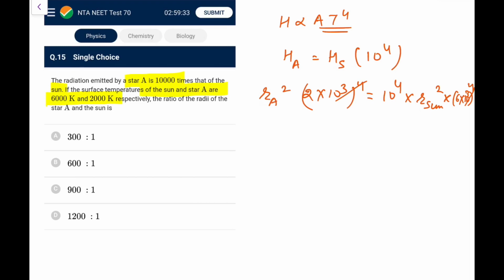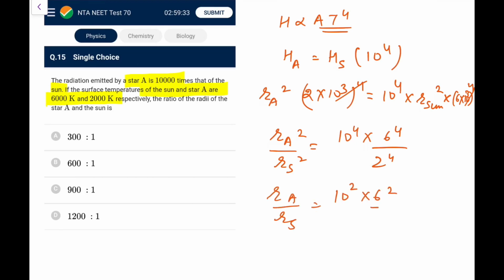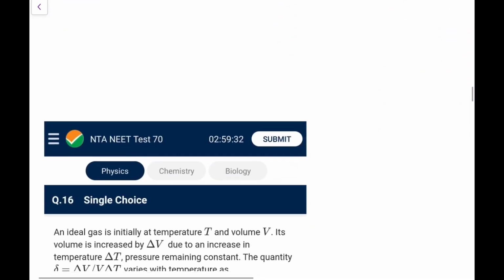So R_A upon R_sun squared would be 10 to the power 4 into 6 to the power 4 upon 2 to the power 4. So R_A by R_S I can write as 10 to the power 2 into 6 squared upon 2 squared. So that is 36 by 4, that is 9 into 10 squared. So 900 is to 1 that we can go for. So simple application.